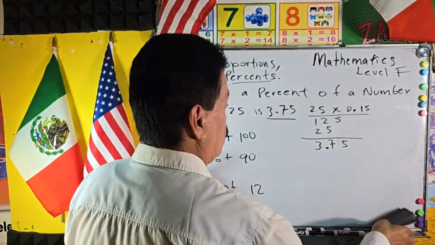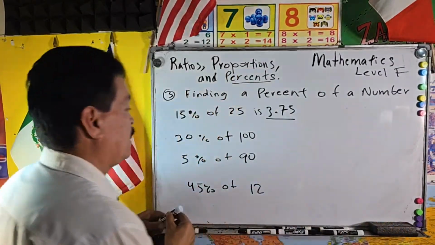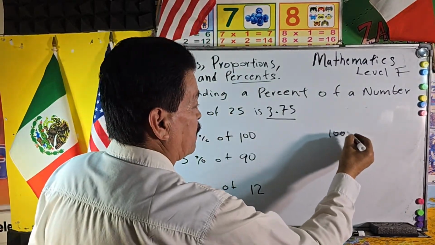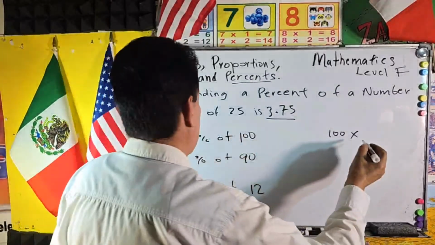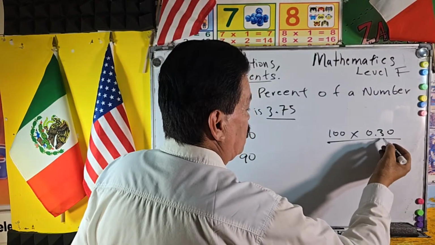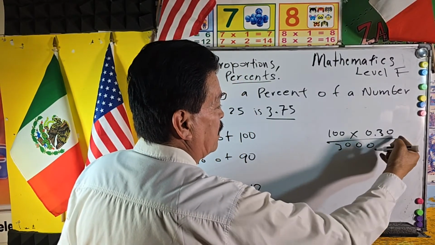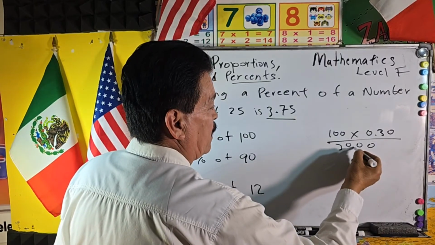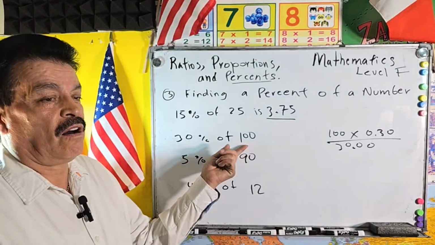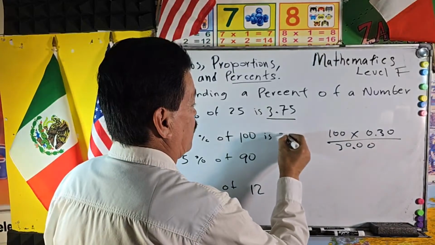Let's go to the next one, I think it's going to be easier for you. How to get the percent? Just write 100 times 0.30. So just write the 3, and then add 1 zero. So 30% of 100 is 30.